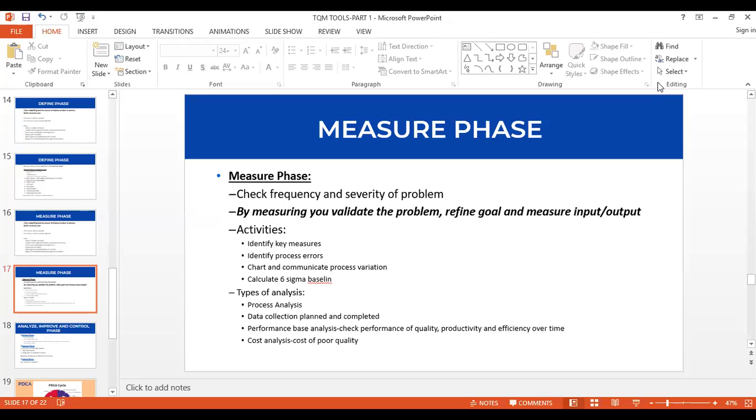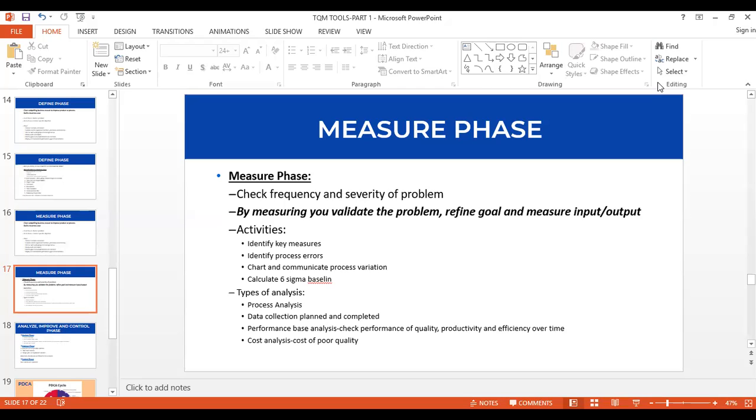In order to measure the problem, you really have to go close to the problem and start checking the frequency and severity of the problem. When you're measuring, you're trying to validate the problem, refine the goal, and measure input and output, right?